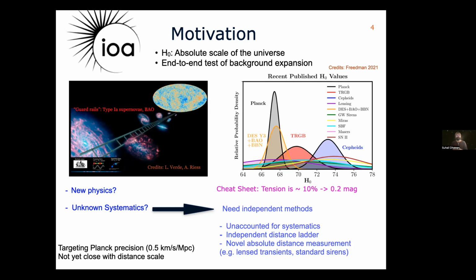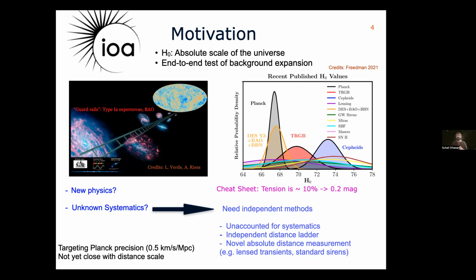What's also important is that we should have completely independent distance measurements, either time delay distances from lens transients, which I'll be talking about in part 2 of the talk, or completely independent of the local distance ladder calibration through gravitational wave standard sirens, or even megamasers.